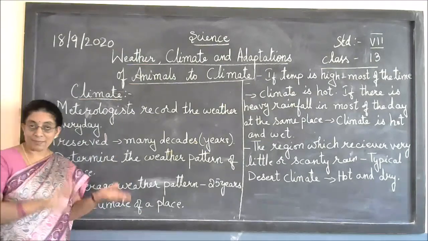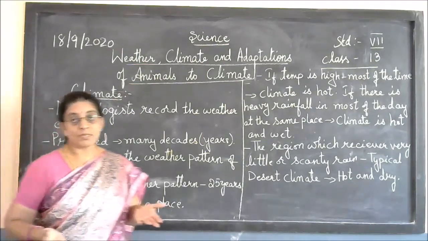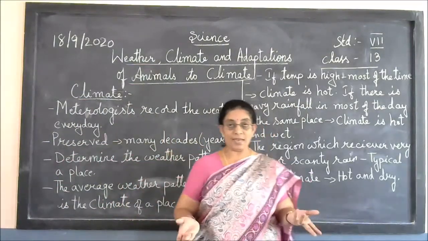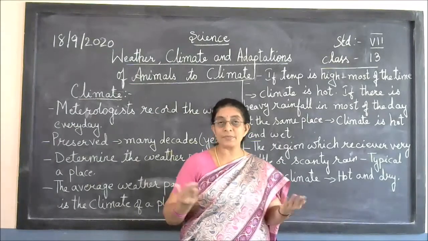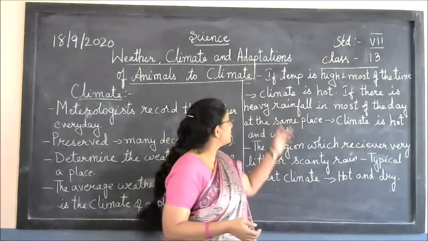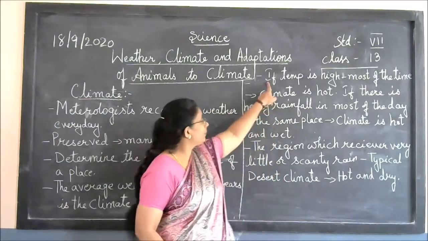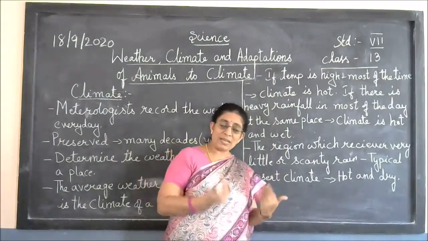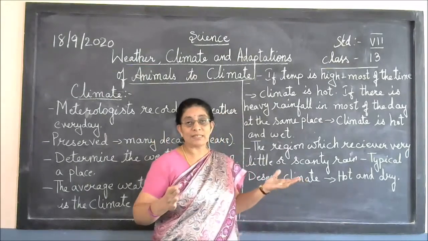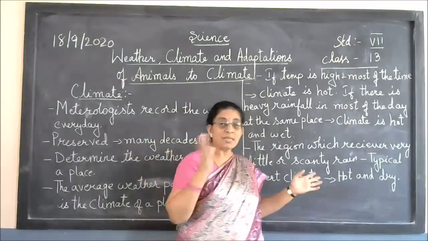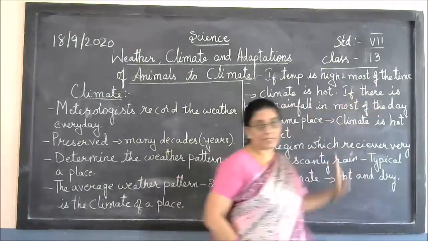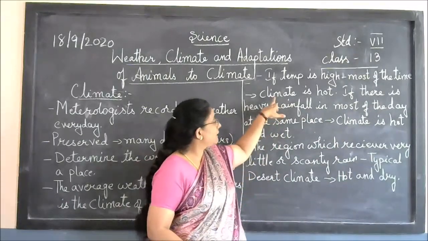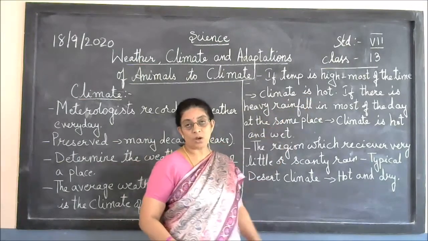So whether the climate is hot or cold or whether the place has a moderate type of climate, what are the names given to those places? For example, if the temperature is high throughout, right from the morning till the sunset, most of the time from morning till evening, then we say that the climate is hot.